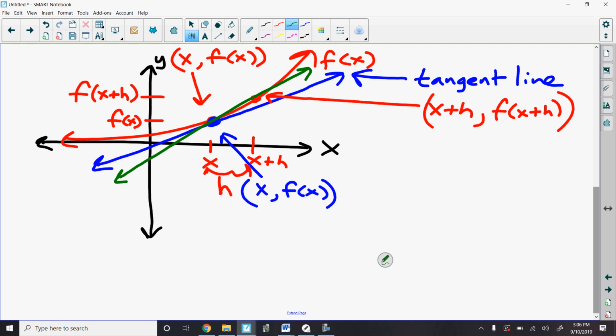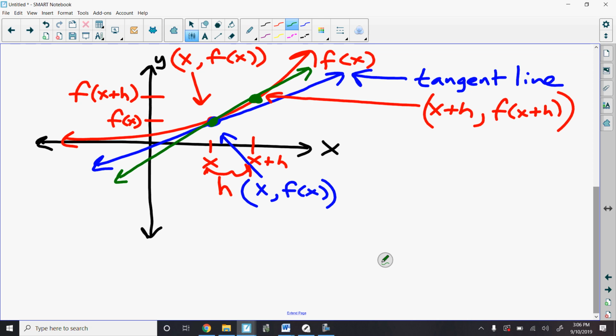Now this new green line is not a tangent line because it touches this curve twice. Do you remember the word from geometry for a line that touched a circle twice?